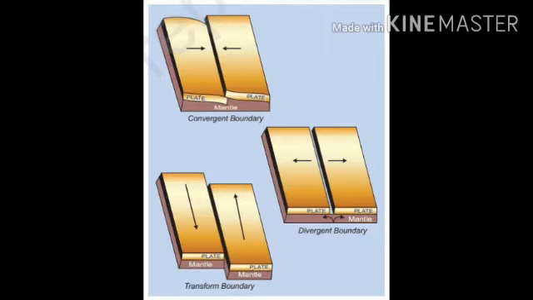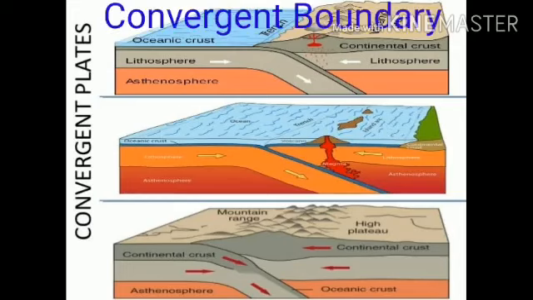Students, the movement of the plates is classified into 3 types. They are convergent boundary, divergent boundary, and transform boundary. Let us discuss convergent boundary. Students, what do you mean by convergent? Yes, coming closer together.